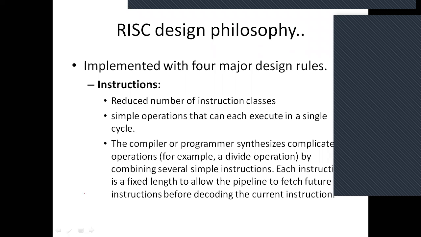So they separated this process, that is the instruction fetch, decode, and execution, into separate processing units. So all these units will work simultaneously, which reduces the overall time required to execute the instruction.